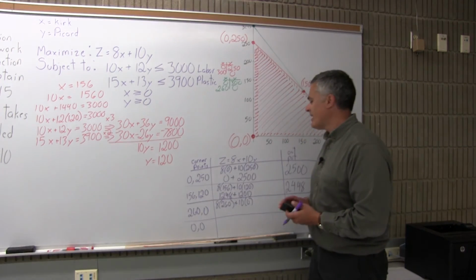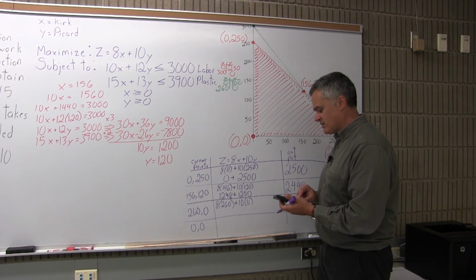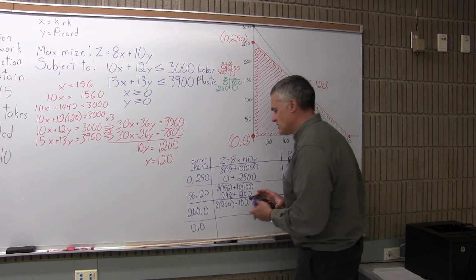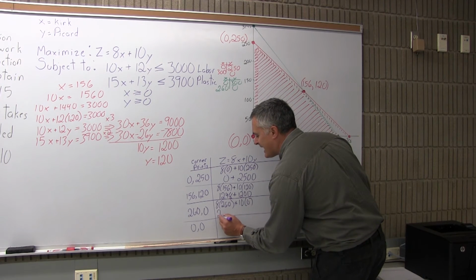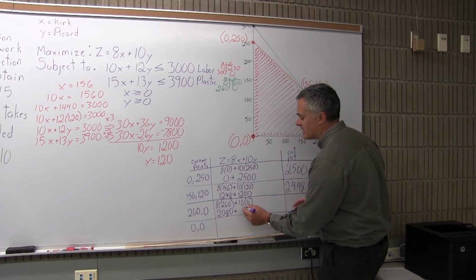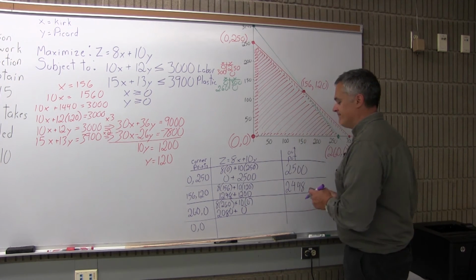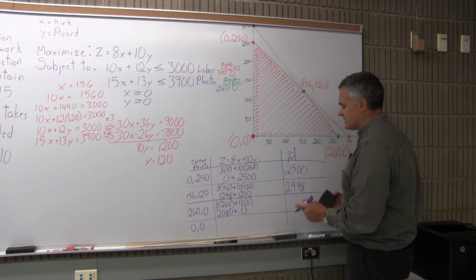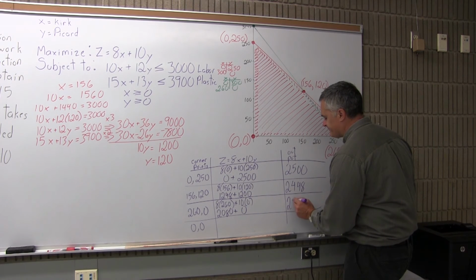So again, 8 times 260, I'll just do with my calculator, 8 times 260. Is 2,080. The 10 times 0 I certainly don't need my calculator for. So I have 2,080 plus 0 is 2,080.